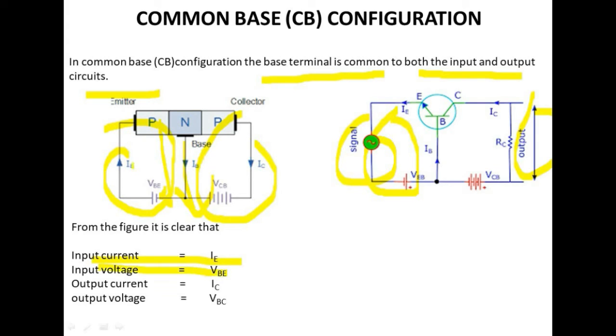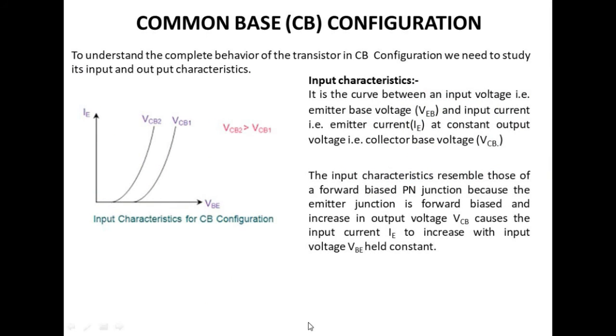The input voltage will be VBE, and on the output side a collector current IC is flowing and the voltage is VCB or VBC. So emitter current IE and VBE are the input parameters, and IC and VCB will be the output parameters for common base configuration.